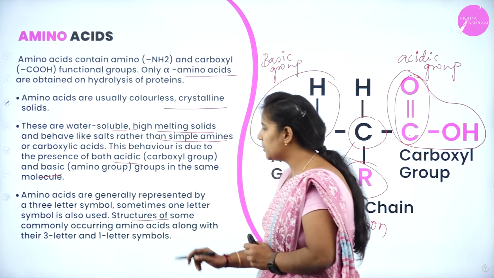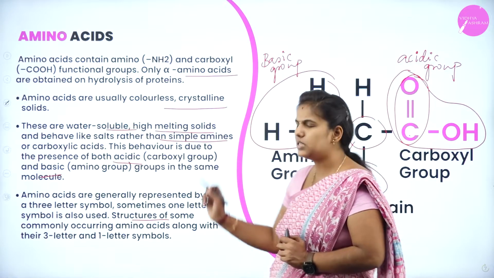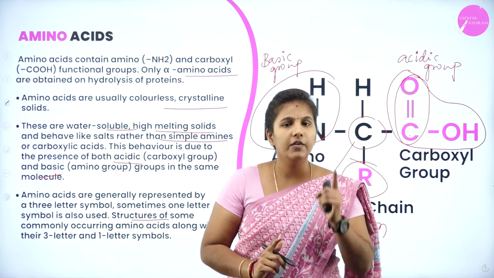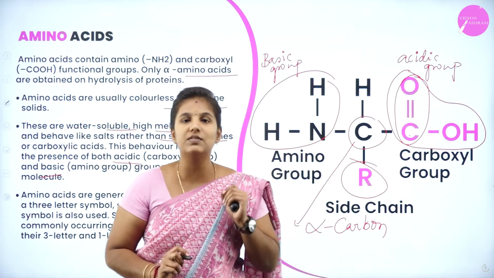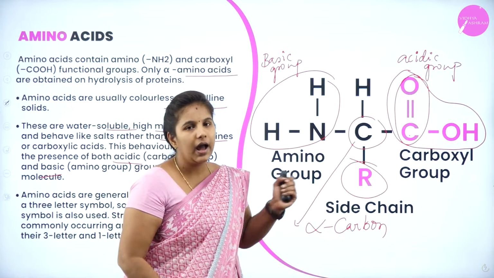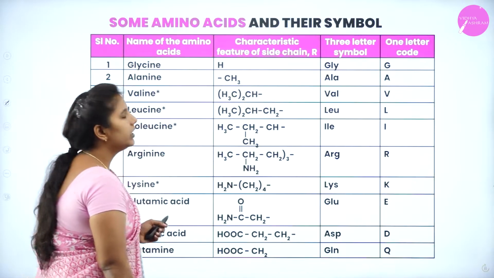I'll show the structure of some of the commonly occurring amino acids with an example. Always remember, we can represent an amino acid with 3 letters and we can also represent it with 1 letter. I'll show you with an example so that you will understand.